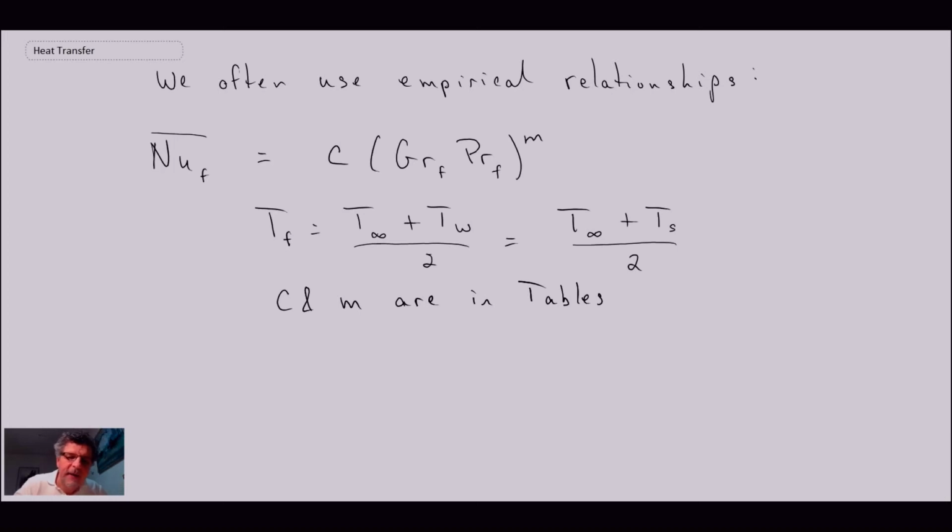And the final thing is, notice that in the equation here we have Grashof times Prandtl. That is a non-dimensional number that is often appearing when we're dealing with natural convection. And sometimes what happens is that that is combined together into a new non-dimensional number referred to as being the Rayleigh number.